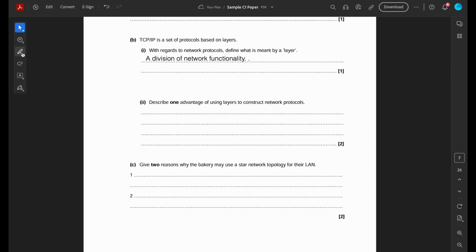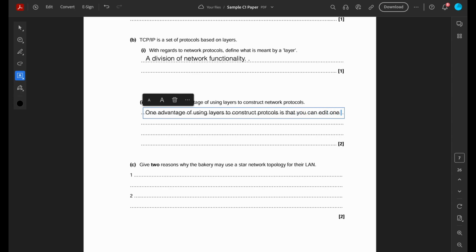Explain one advantage. So I've got to give one, a bit like what we call in our school a PEEL sentence. So make a point, provide some evidence and explain it in a bit more depth. Describe one advantage of using layers to construct network protocols. One advantage of using layers to construct network protocols is that you can edit one layer without affecting the other layers.